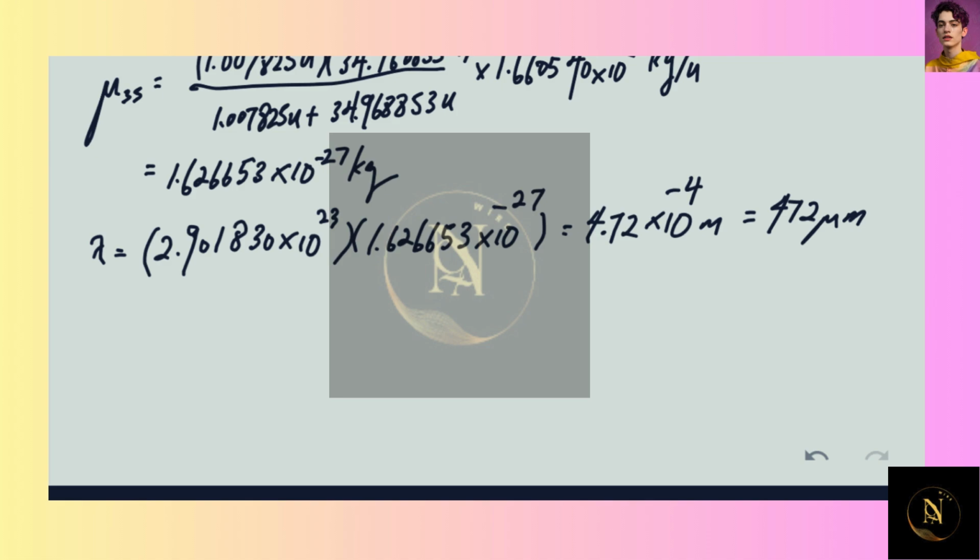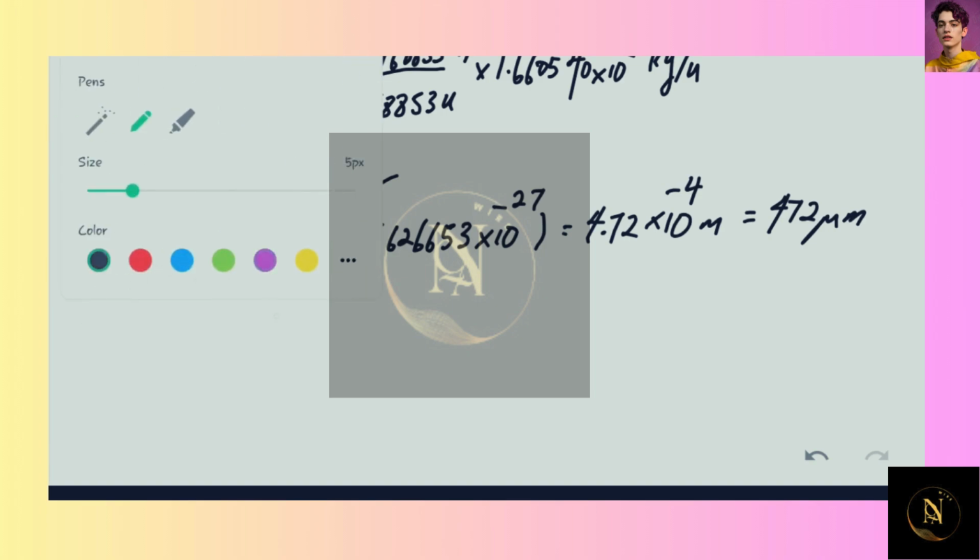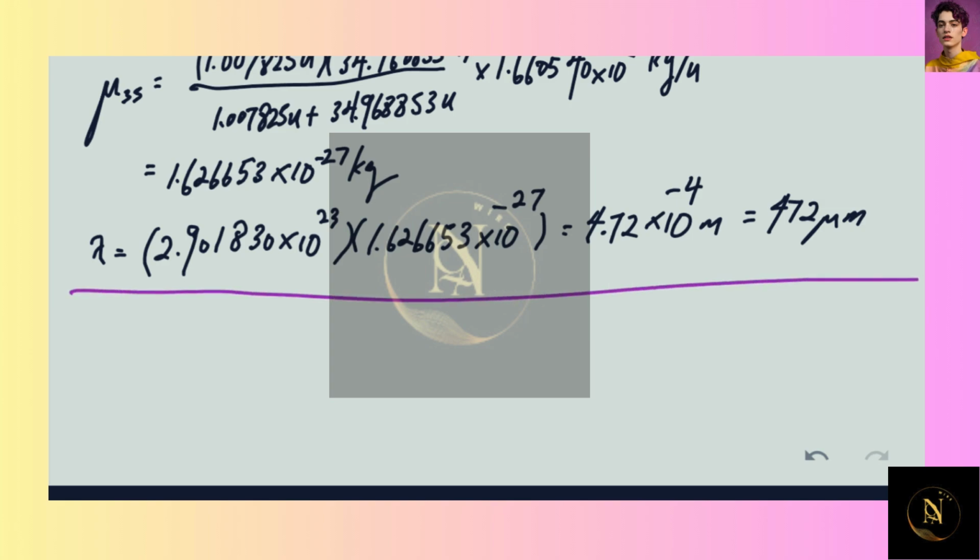Now, using the same method, we can find the reduced mass for our molecule containing chlorine 37. It is the same process, except that now the mass of chlorine is 36.965903.